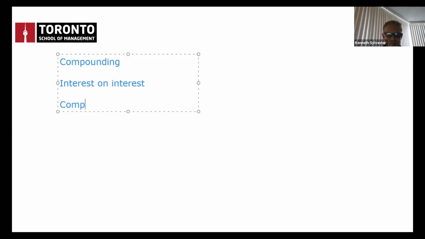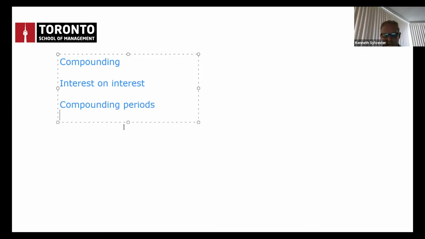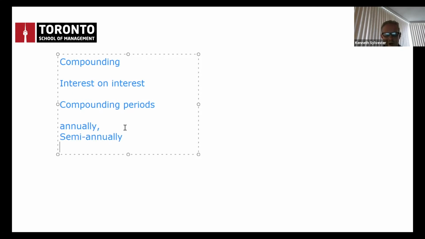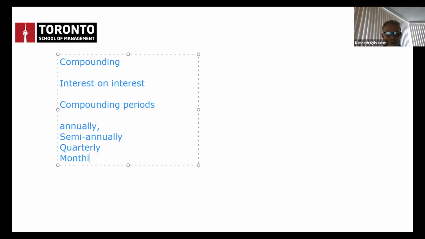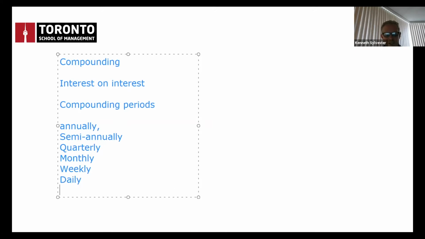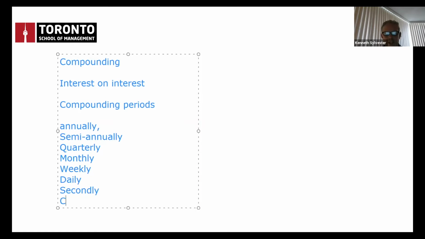Compounding periods: you can compound annually, semi-annually, quarterly, monthly, weekly, daily, secondly, and you can compound continuously.